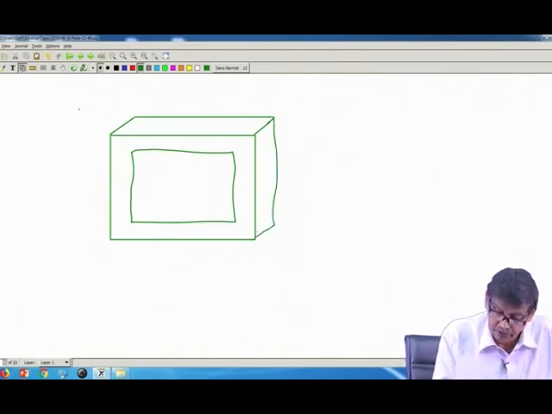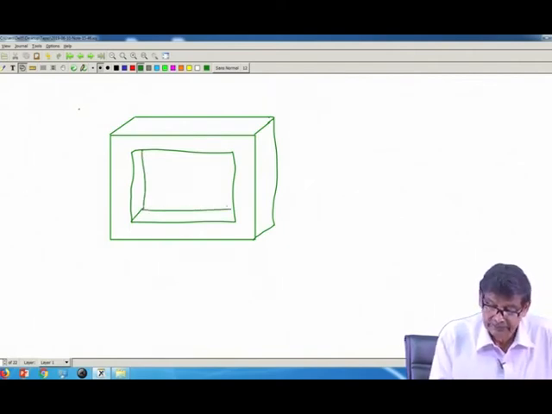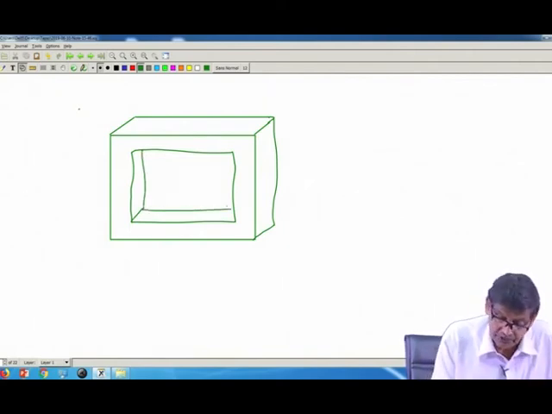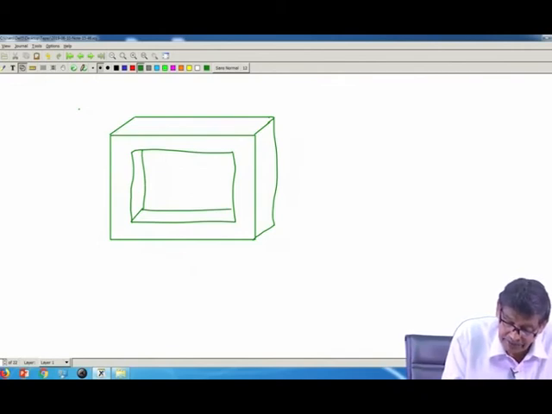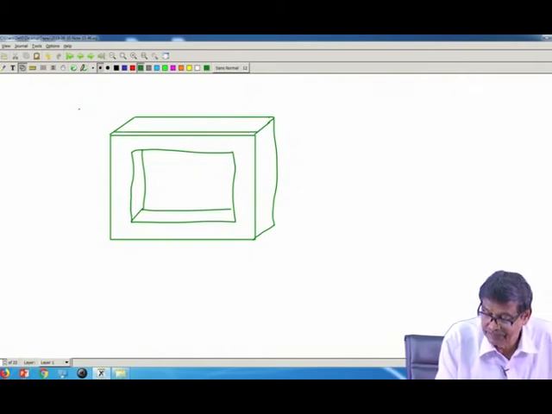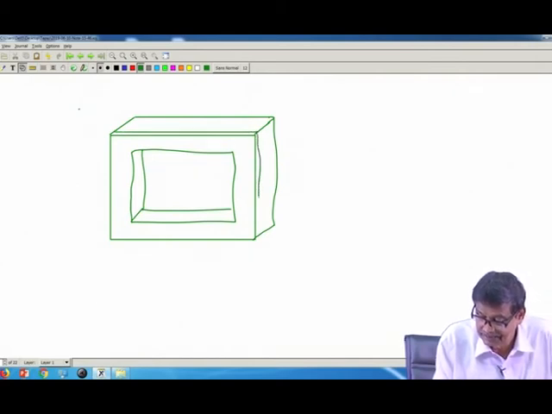So, finally, it will look like this. Instead of a solid block of iron, I will use thinner plates, which I am showing by lines.